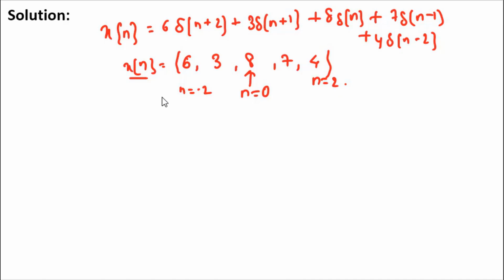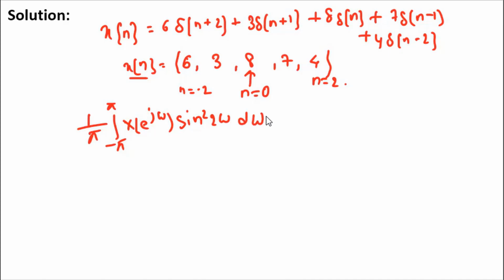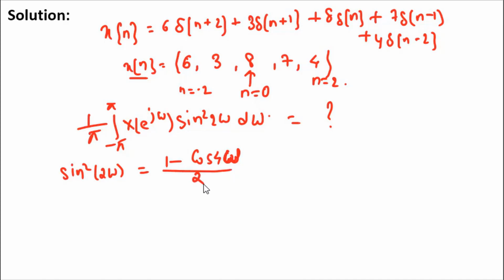Now x of n is given, and you need to find 1 over pi integration from minus pi to pi of x of e to the power j omega sin square 2 omega d omega. You need to find this value. Now sin square 2 omega can be given by 1 minus cos of 4 omega upon 2.